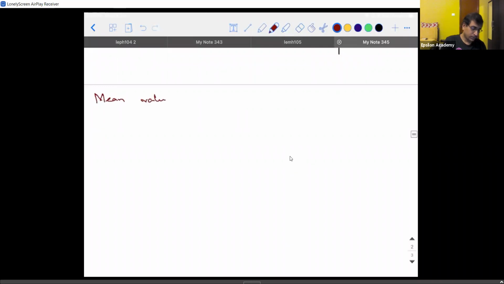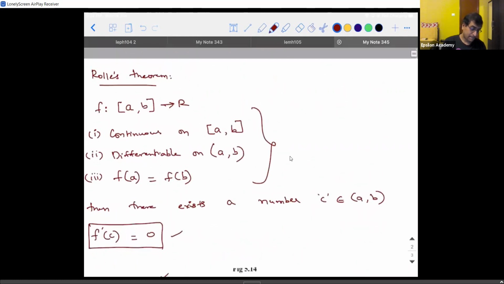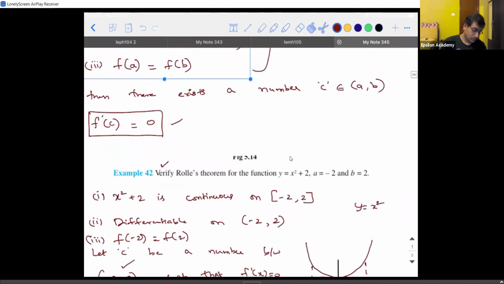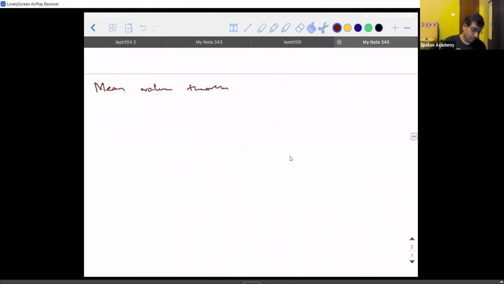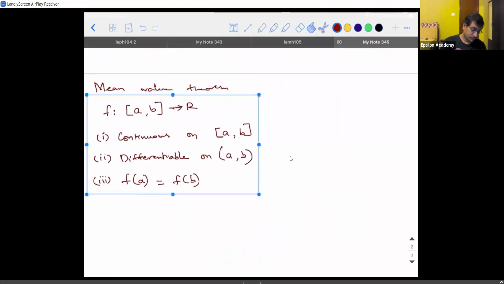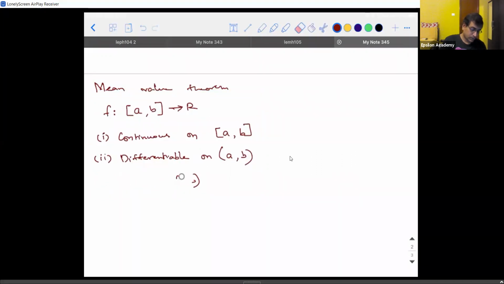Mean value theorem. This one alone will be missing. So these two will be satisfied.